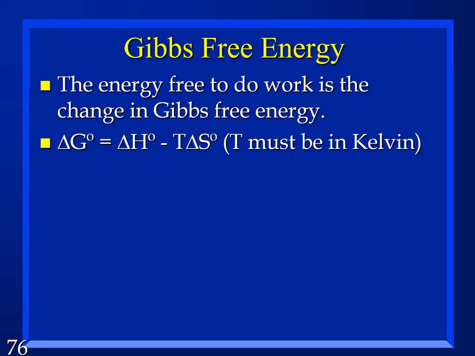Because yesterday we said ice melts is spontaneous, but that's not always true. Ice melts in this room because the temperature is high enough for it to melt. I take water and I put it in the freezer. Water freezes. Ice doesn't melt in the freezer. So temperature decides whether ice is going to melt or not. Right? And this equation tells us why. Because for ice melting, you have to put heat in so delta H is positive.